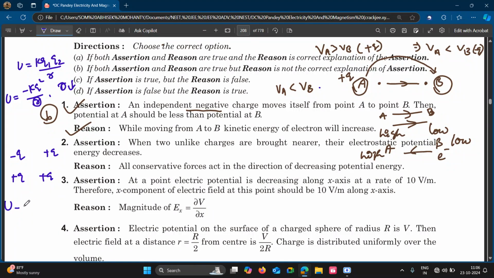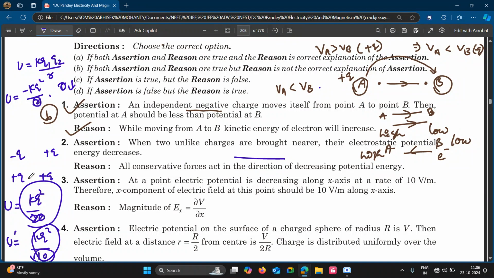Potential energy will be k q square by r, suppose k q square by 20 centimeter. Now brought nearer, that means r is now 10 centimeter. So U dash becomes k q square by 10, charges won't change. If you see, this one is actually greater than this one. So potential energy is increasing while we are changing the distance between them.